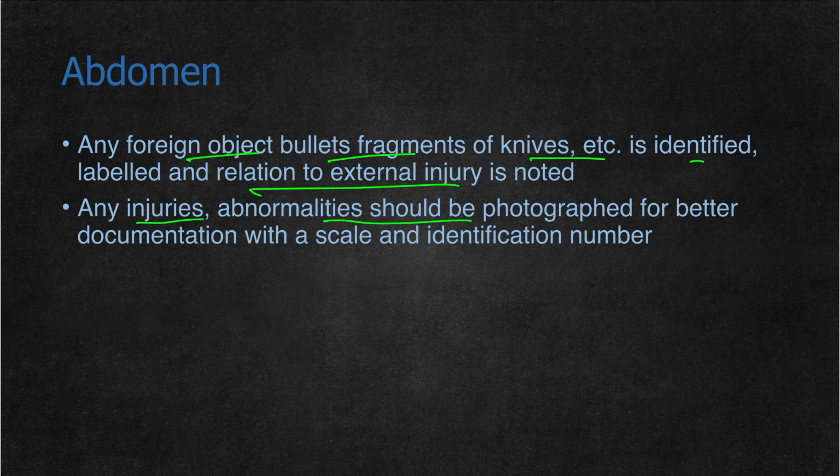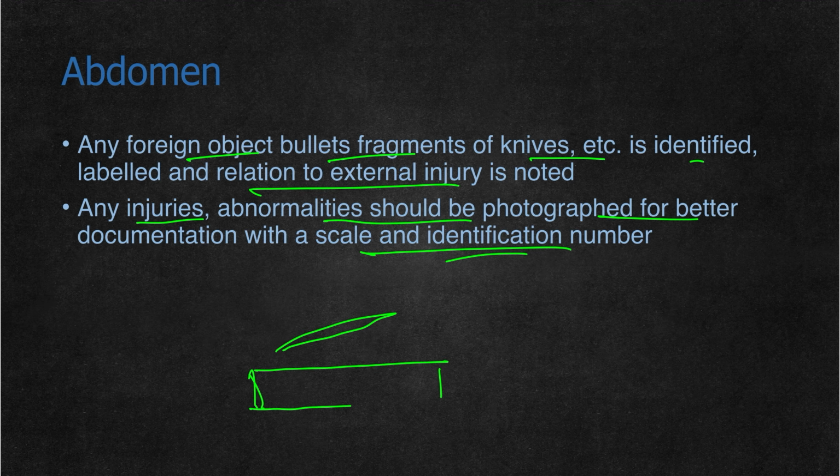Any injuries or abnormalities should be photographed for better documentation, with a scale and identification number. So, usually if an injury is present, it has to be photographed in the presence of a scale. One scale has to be placed along with the injury and a flag should be placed with the identification number.